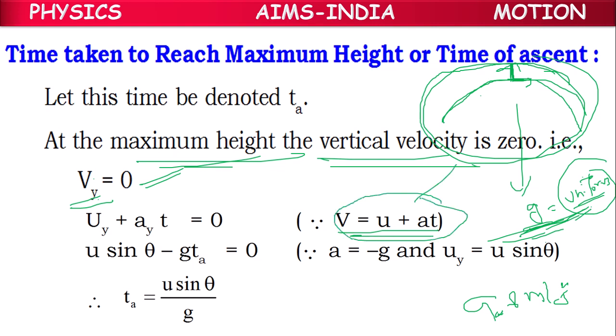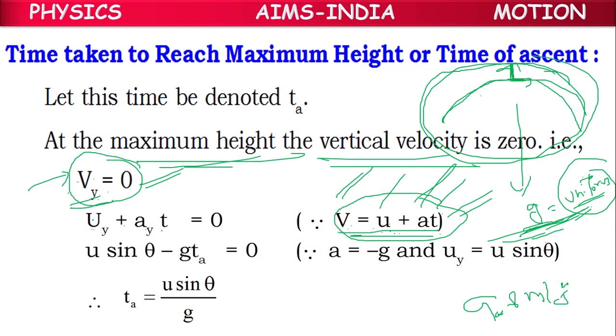According to equations of motion, we have the formula v equal to u plus at. v for final velocity, u for initial velocity, a for acceleration, t for time. If we apply this formula here, we got Vy equal to 0, and Vy equals Uy plus Ay t, because Vy means the vertical component of final velocity in the y direction.